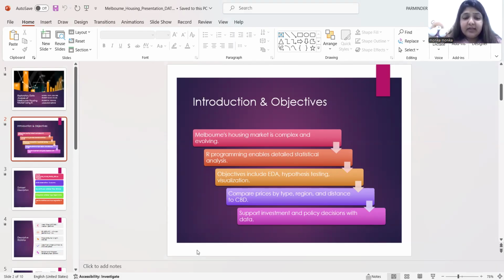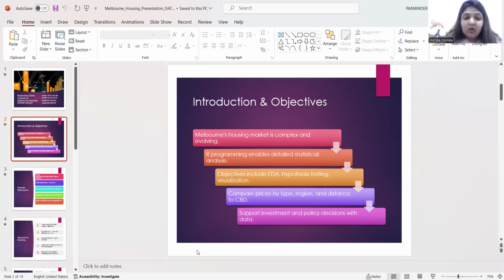The second slide represents the introduction and objectives of our research. The Melbourne housing market is characterized by diversity in both geography and property types, with ongoing urban expansion. Understanding how factors like location and property type influence price is essential for buyers, sellers, investors, and policymakers. Data analysis provides a structured way to identify patterns that might otherwise go unnoticed.